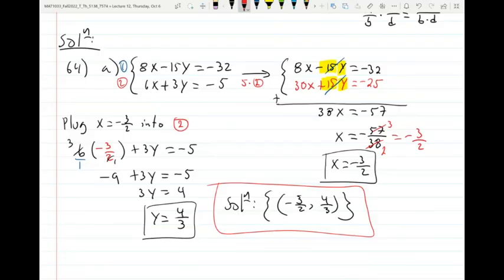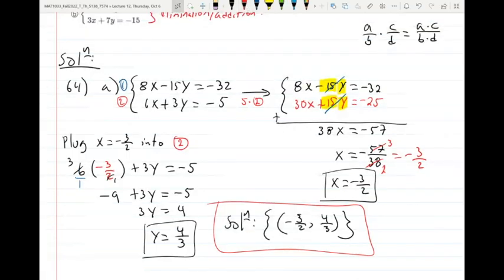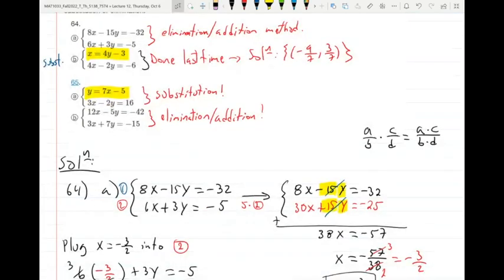All right. Questions? Did you understand the idea? Remember, the whole point is to have one variable with the same number in front, one positive, one negative, so you can add and cancel. So let's see. Try it. Do 65b.